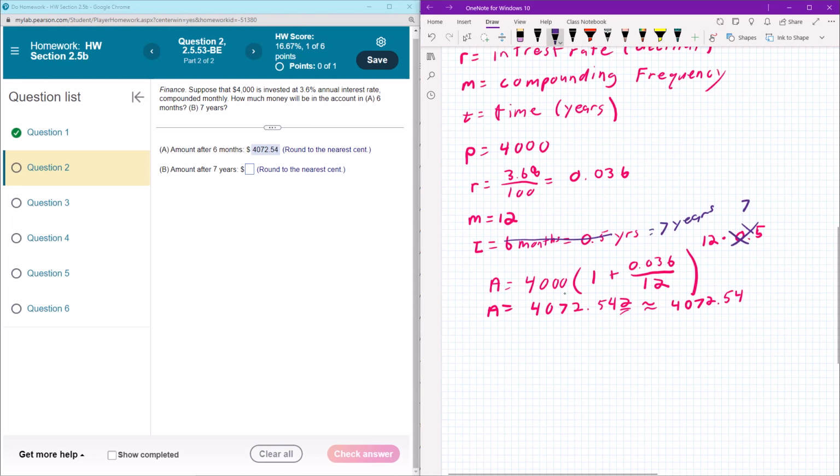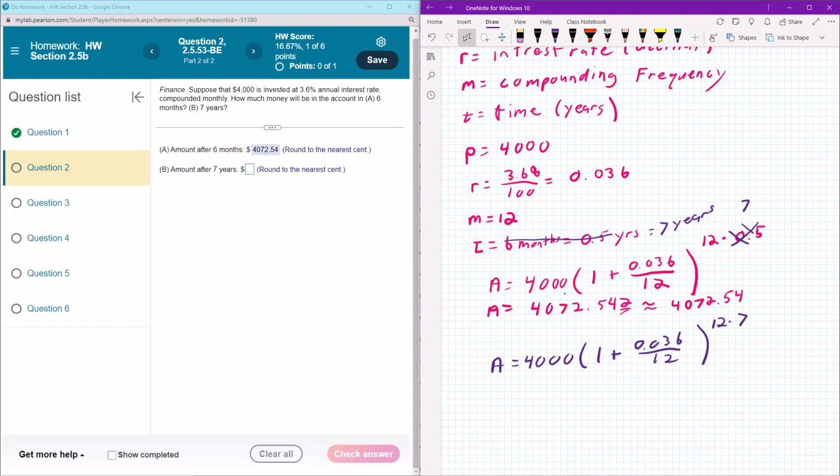In this particular case, everything will be the same, except the time is different. So instead of 0.5, we'll have 7. And we will have that A is equal to 4,000 times (1 plus 0.036 divided by 12) raised to the 12 times 7 power.